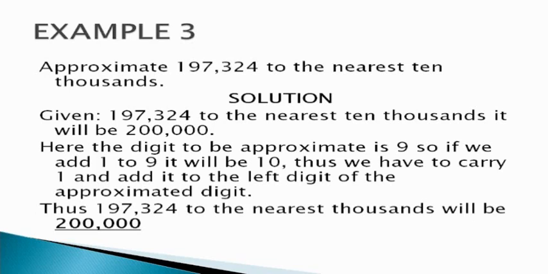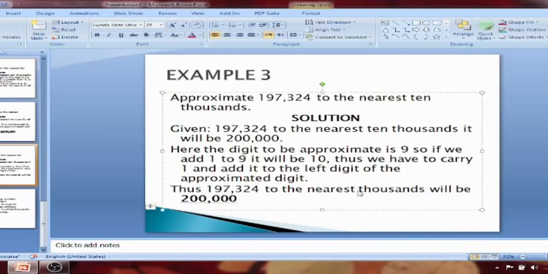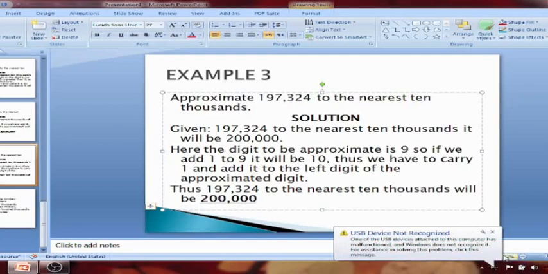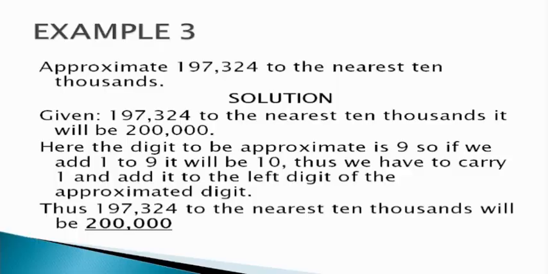Thus this number to the nearest 10,000 will be 200,000.